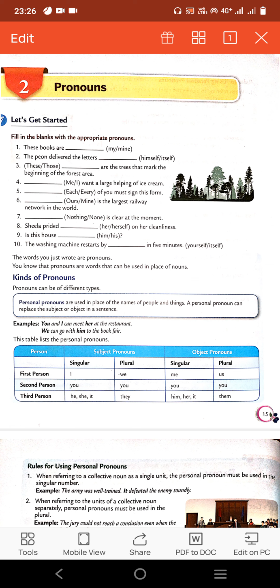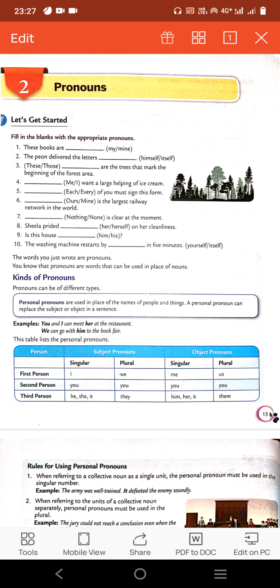So subject pronouns: I is singular subject pronoun, we is plural subject pronoun. You is singular second person subject pronoun, you is plural second person subject pronoun. Third person pronoun is he, she, it.